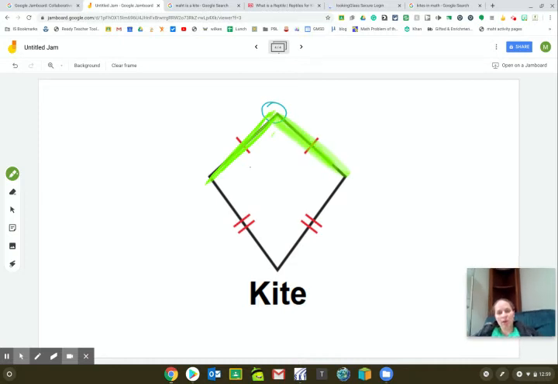Remember, yesterday we learned that these lines are called congruent lines. They tell you that they're the same length. They're congruent with one another. And then these are also adjacent sides because they are sharing a vertex or a corner. So you'll see here you have two pairs of adjacent sides, and that's what makes a kite.